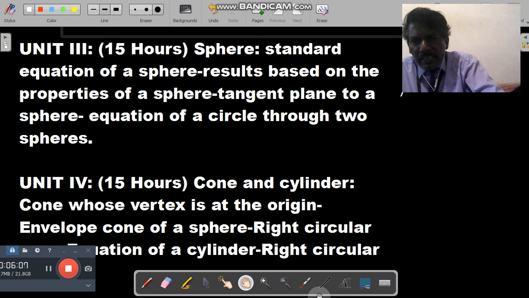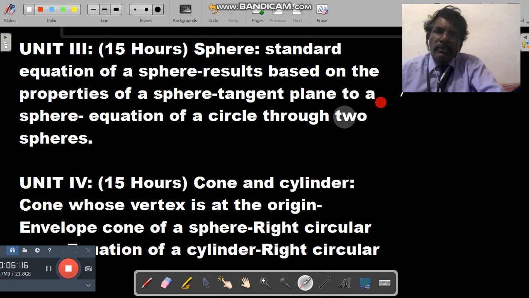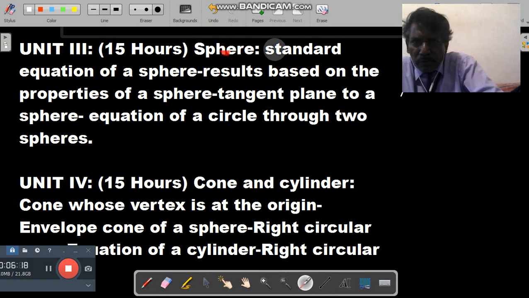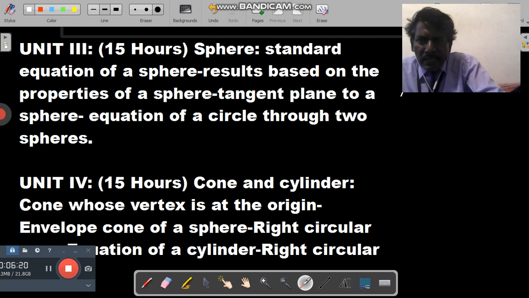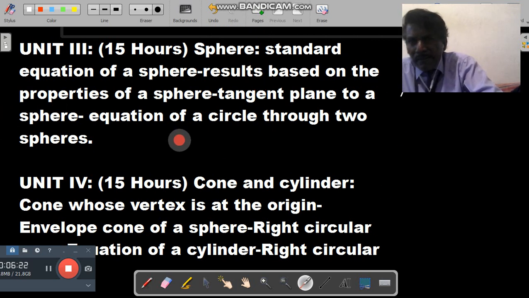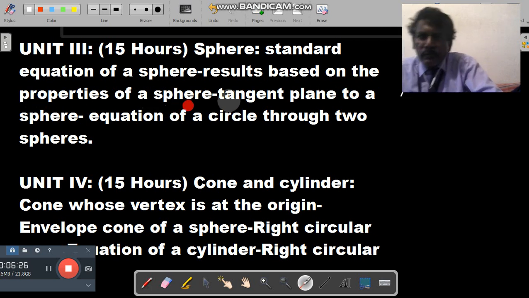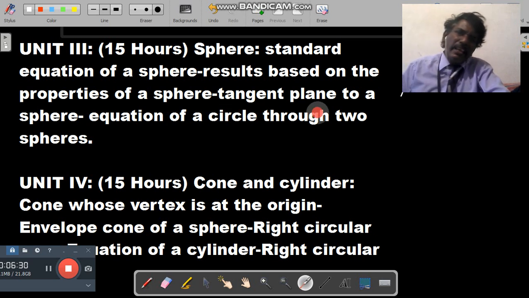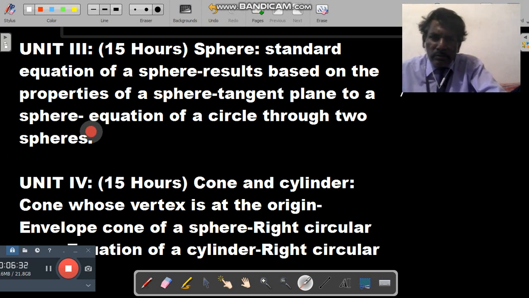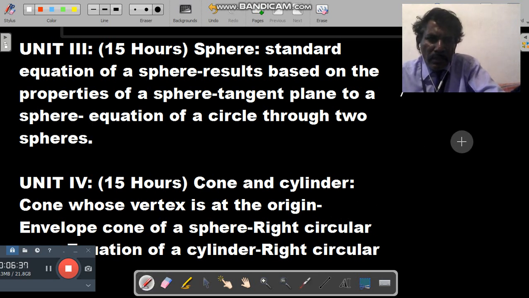The sphere is a three-dimensional figure. We are going to derive the standard equations and results based on the properties of a sphere, then the tangent plane to a sphere. Now what are the equations of that? That's what we are going to study.